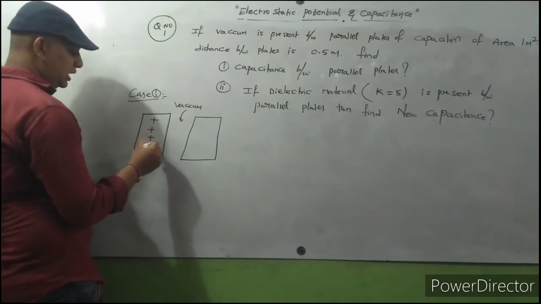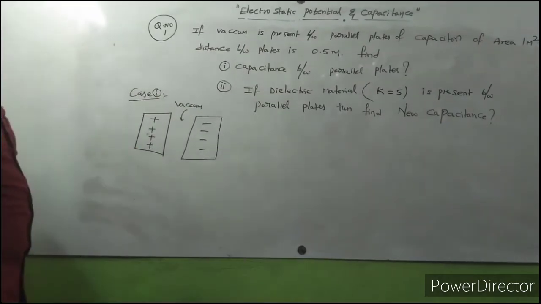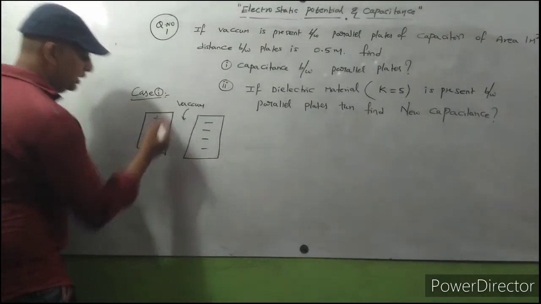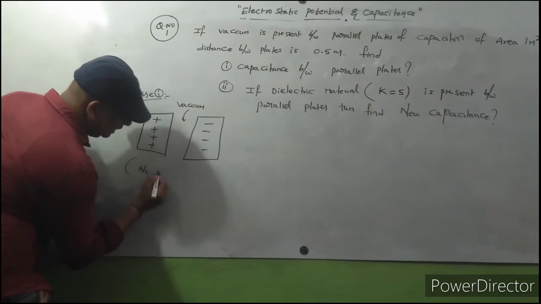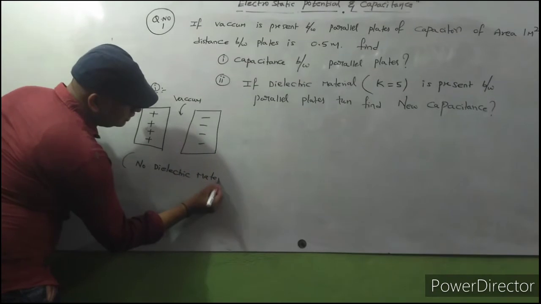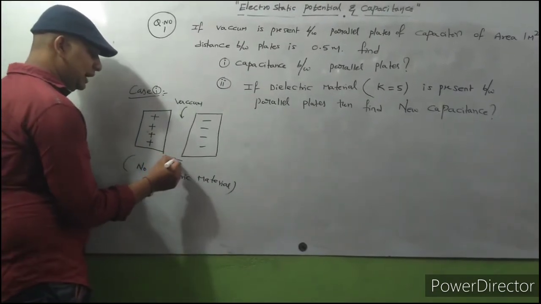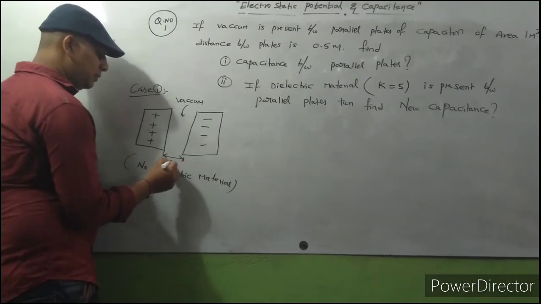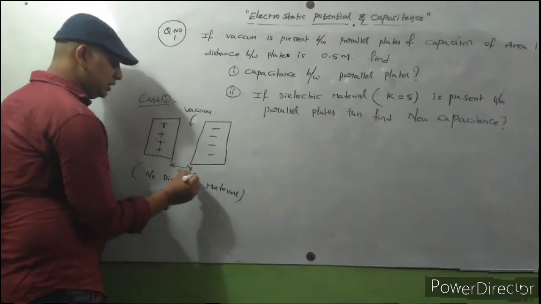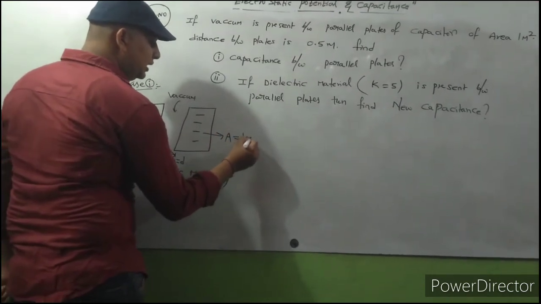This is the positive charge, here the negative charges are present, and there is no dielectric material. In this case, the distance between the two plates is given as 0.5 meters, that is D, and the area of the plate is given as 1 meter square.